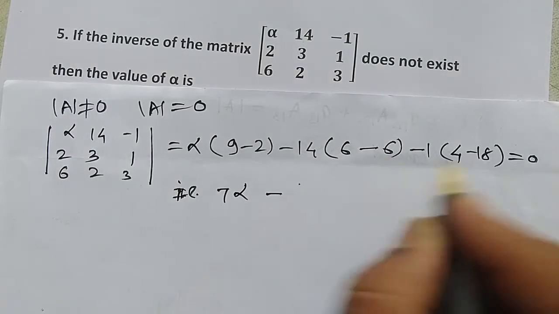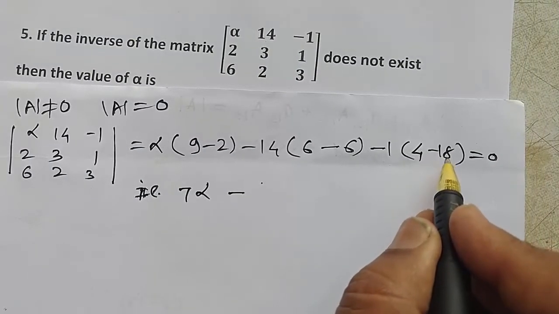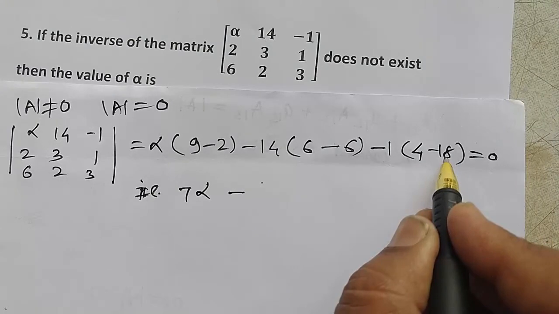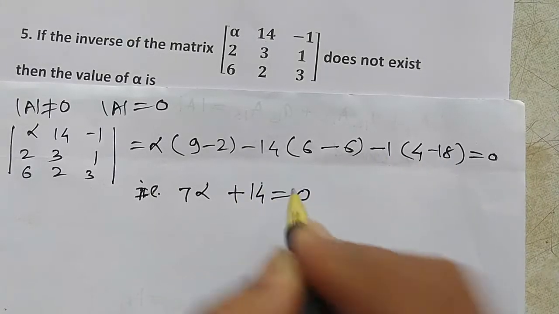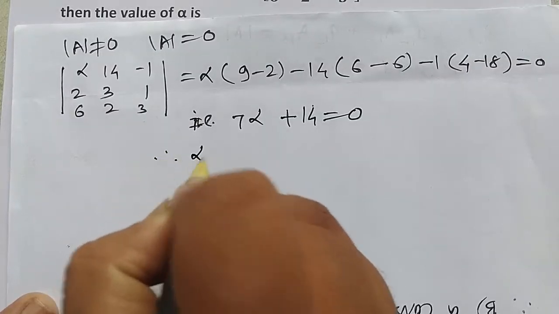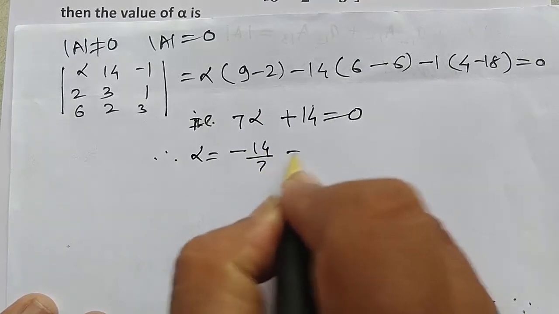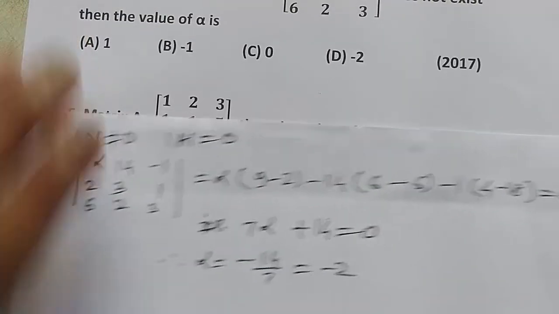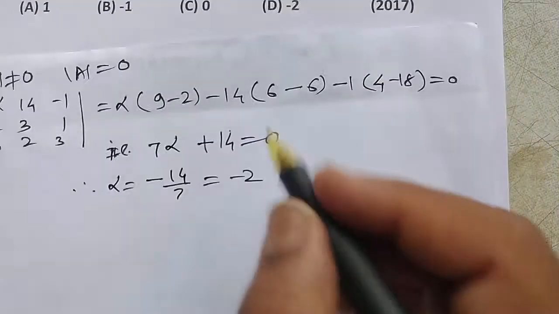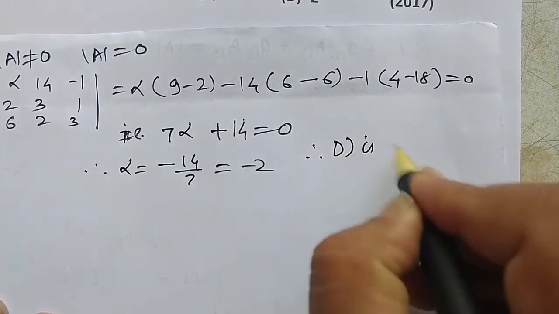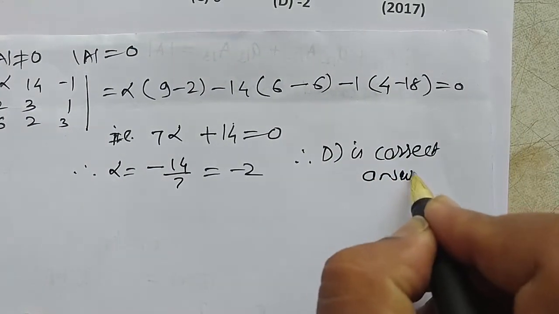Then 4 minus 18, that is minus 14, minus minus becomes plus 14, is equal to 0, and therefore alpha is equal to minus 14 upon 7, that is minus 2. So answer D, minus 2, is correct.